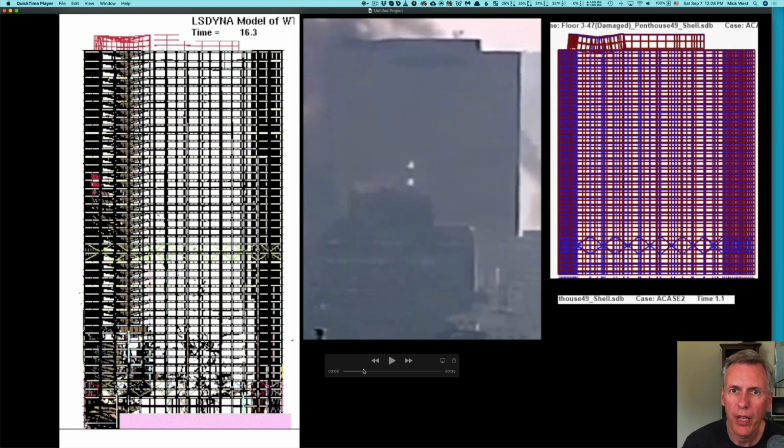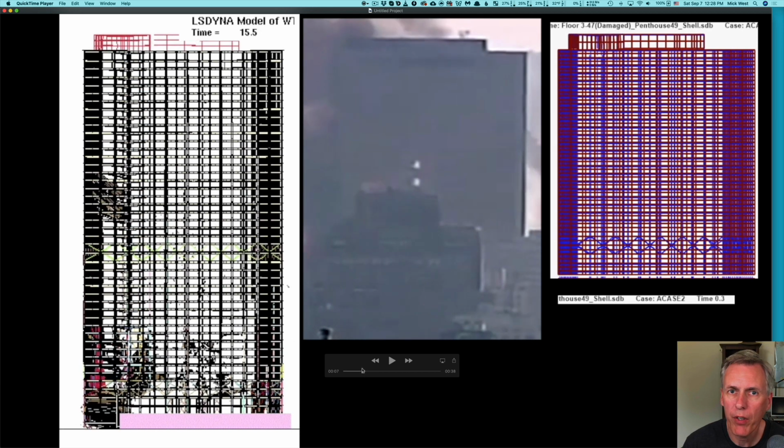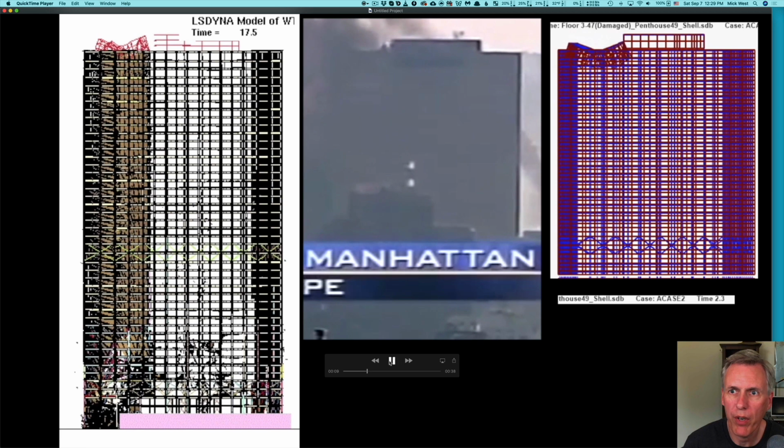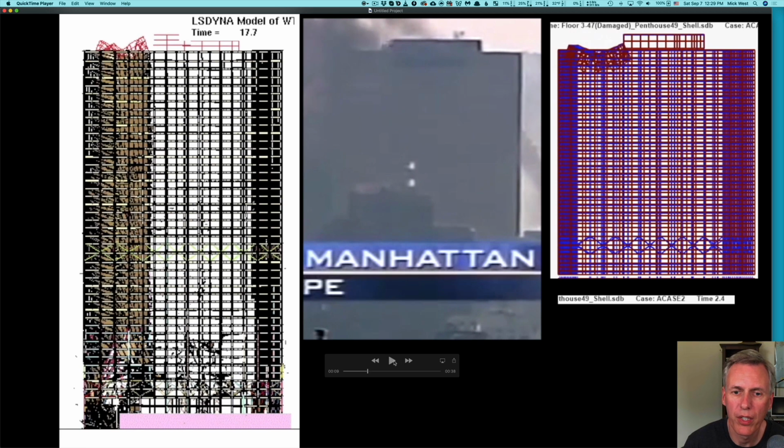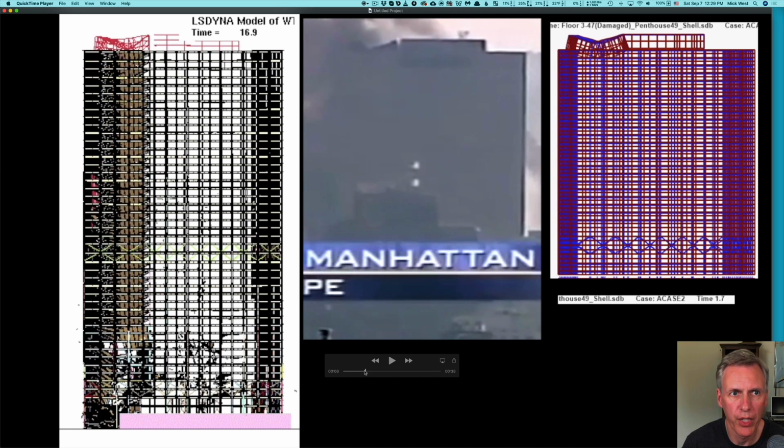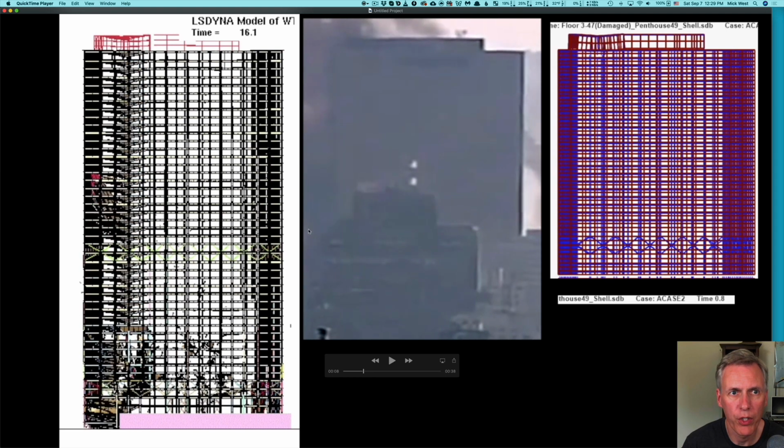Here we've got the tipping in of the penthouse. Now, notice again, we've got this kind of strange rotation, this strange outward rotation in the Hulsey model. In the NIST model, it kind of crumples inwards. So the tops of the building, the tops of this penthouse move inwards, the bottoms do not move.